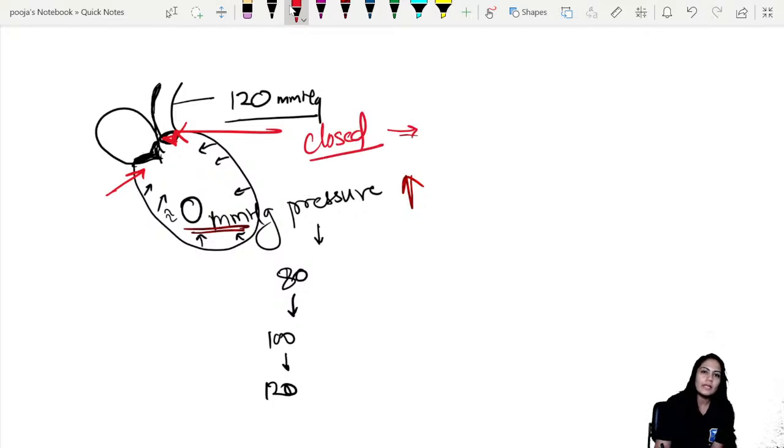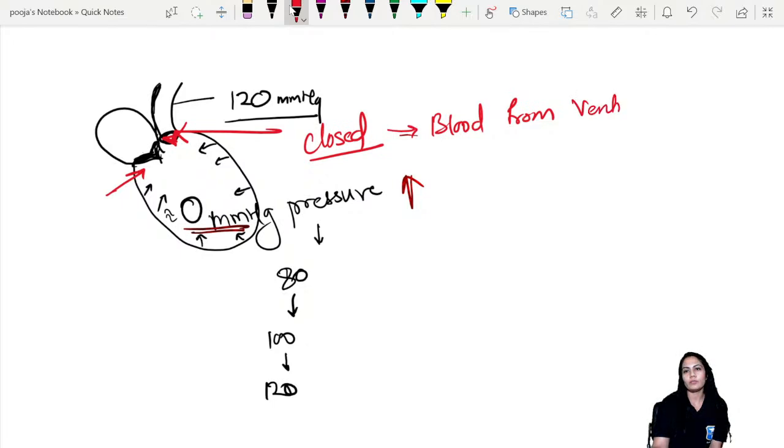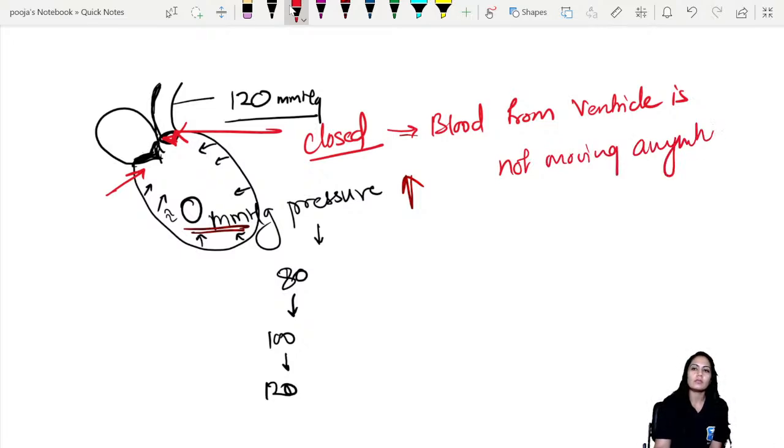So the blood from the ventricle is not moving anywhere, so there are no changes in blood volume.